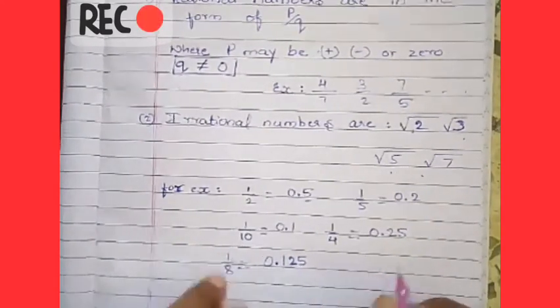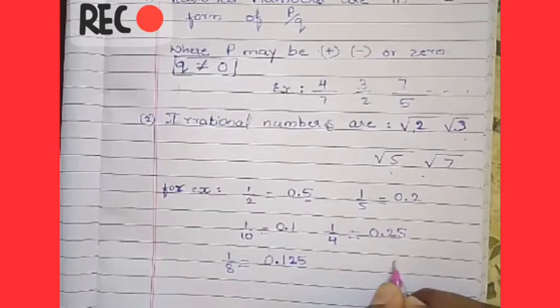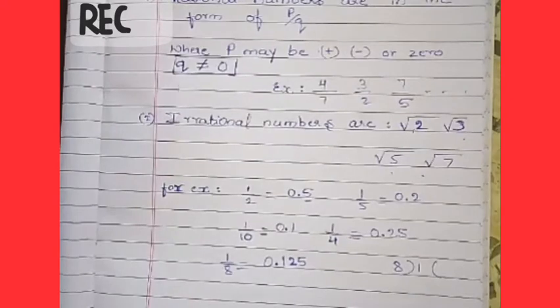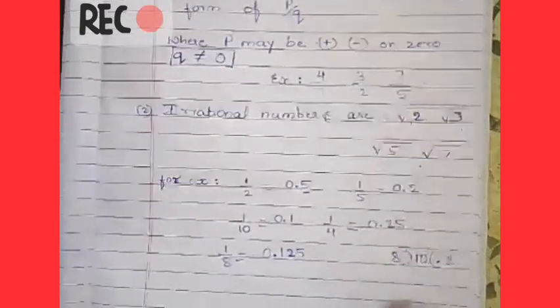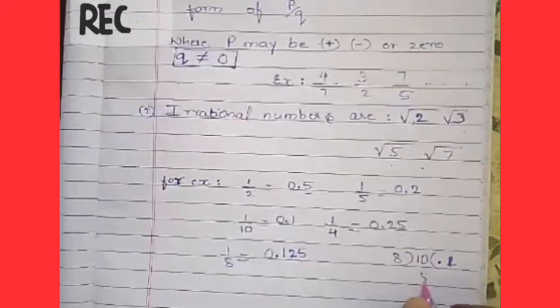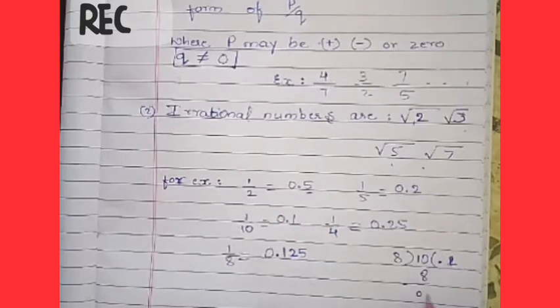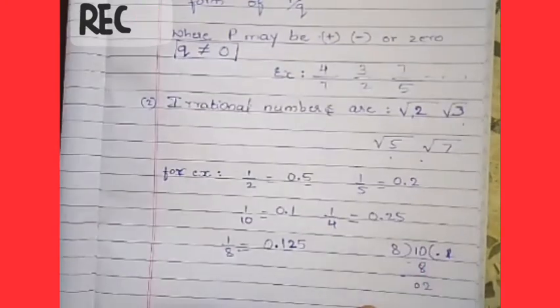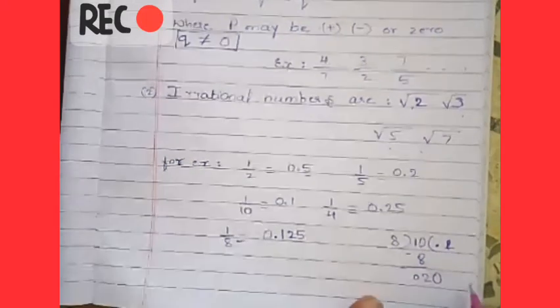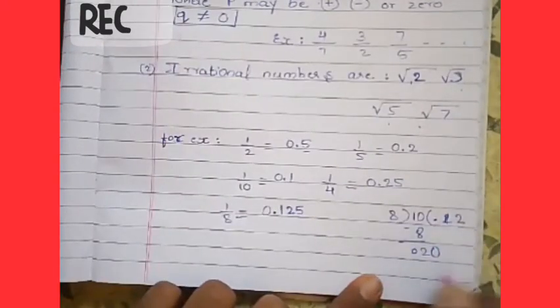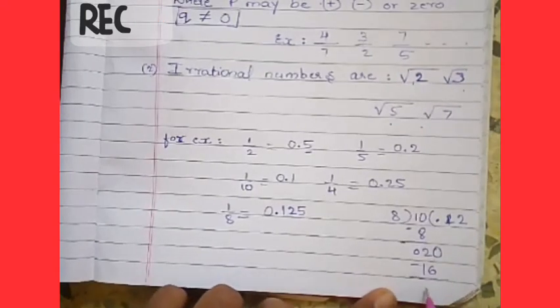So let's see. Let's divide 1 by 8. We cannot divide directly, so let's take the decimal point and add 0 here. 8 1s are 8. 2 remains, and the decimal point is already here. Let's add 0. 8 2s are 16. After subtraction we get 4.